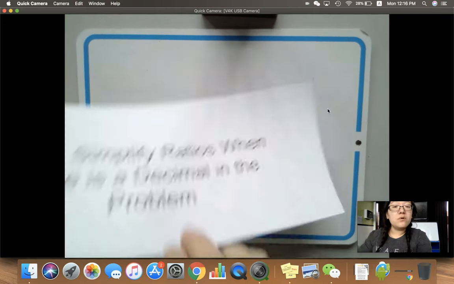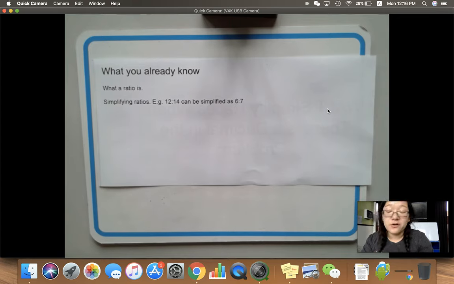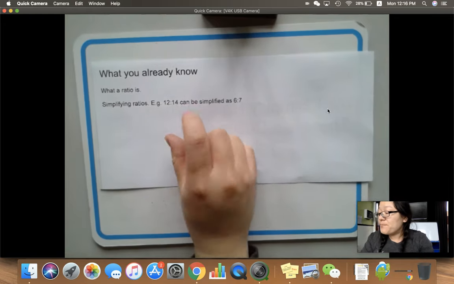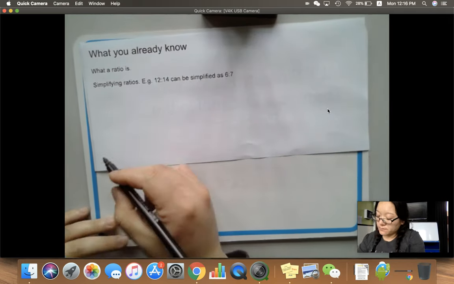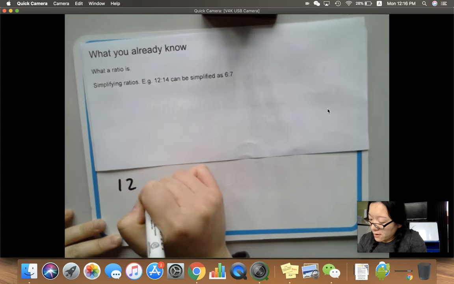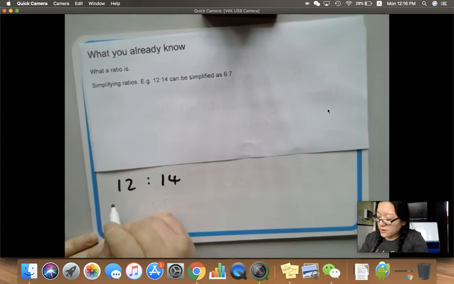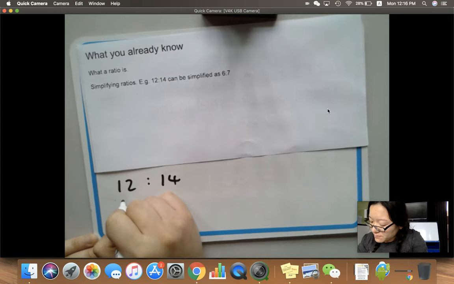Now, what we think you already know about ratios is what a ratio is, so 2 to 4, 3 to 6, and how to simplify some basic ratios. For example, to simplify 12 to 14, you know that both of these could be divided by 2 to make the numbers smaller.